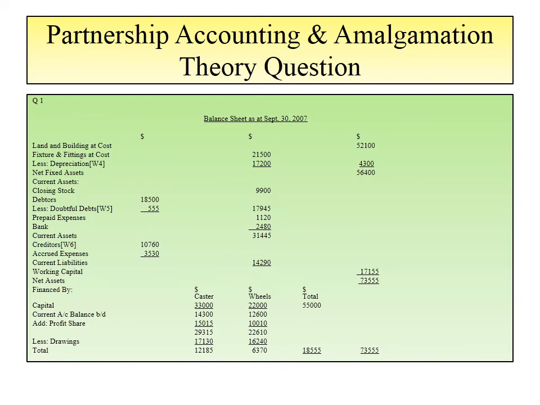Bank amount is also added, so we get a total of 31,445 as current assets. These are added.